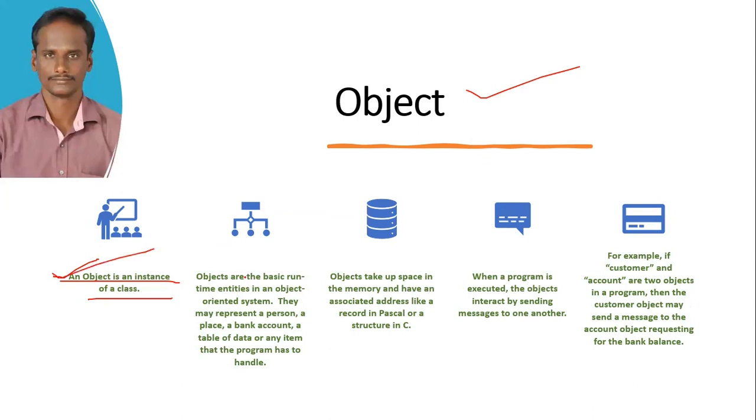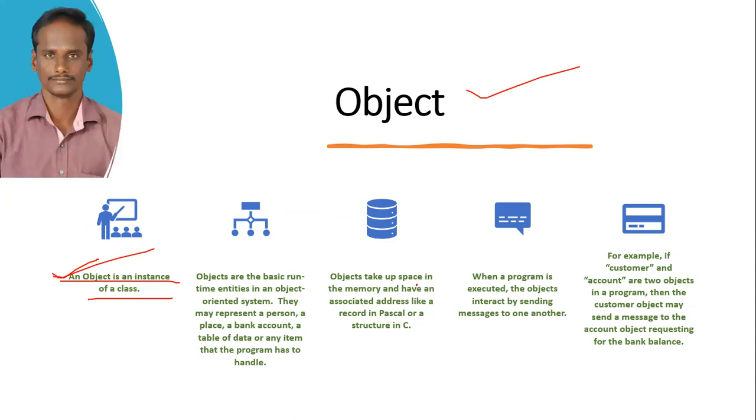Next, objects are the basic runtime entity in an object oriented system. They may represent a person, a place, a bank account, a table of data, or any item that the program has to handle.